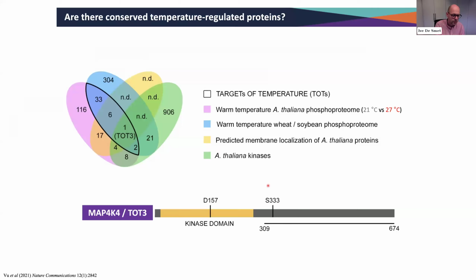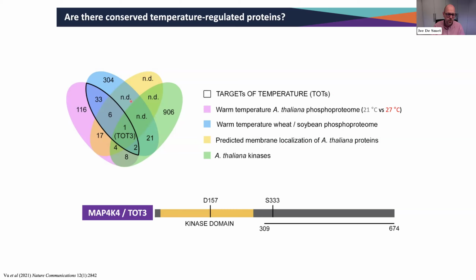So next, I want to switch gears again a little bit and try to use the wheat data, but also some of the soybean phosphoproteome data that we have obtained, to assess to what extent there are conserved temperature-regulated proteins. And these we refer to as targets of temperature, or TOT proteins.